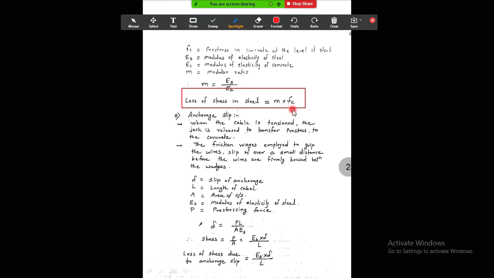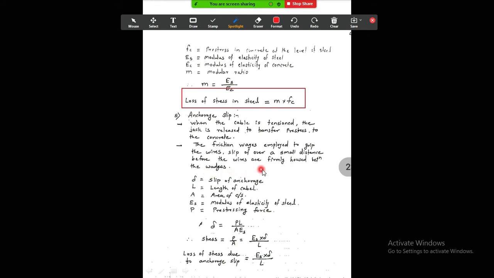So M into Fc is the formula. These four losses occur in pre-tensioning members. In post-tensioning members, in addition to all these four losses, the fifth loss is anchorage slip. When the cable is tensioned, the jack is released to transfer the prestress to the concrete. The friction wedges grip the wire, which slips over a small distance before the wires are firmly housed between the wedges.